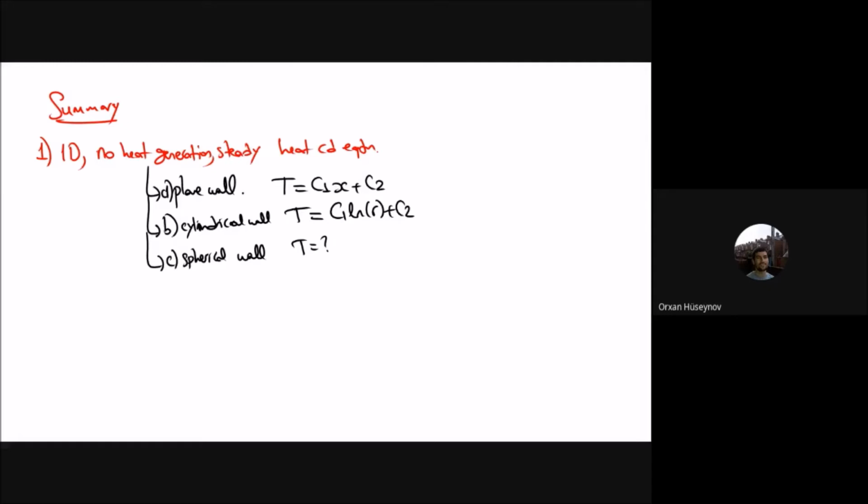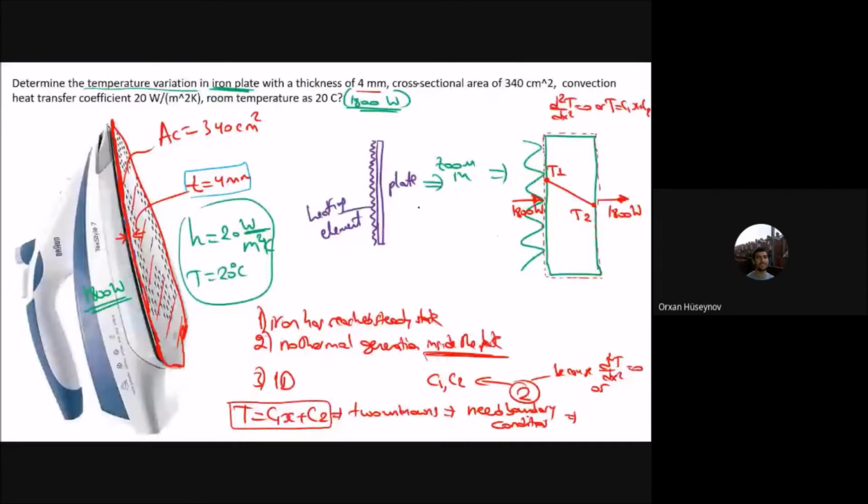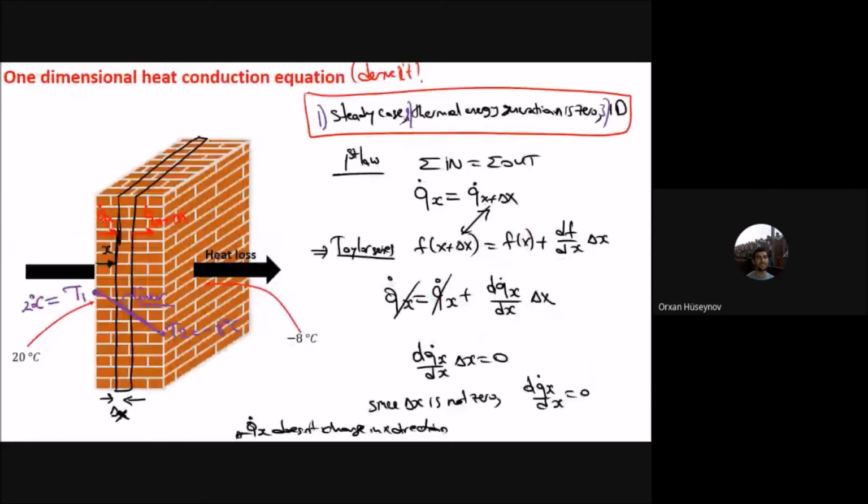Another point about the plane wall is that the area is constant. Let me go back to the wall case here. You can see that at Q dot at x, the area is A at x. Then Q dot at x plus dx has the area at x plus dx.